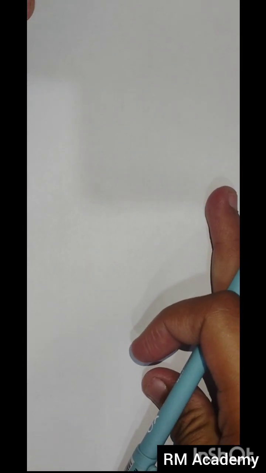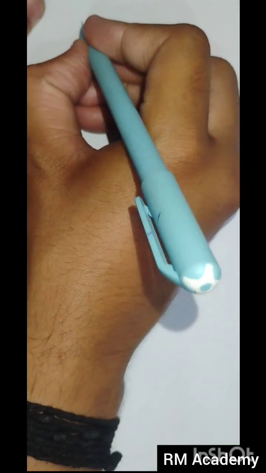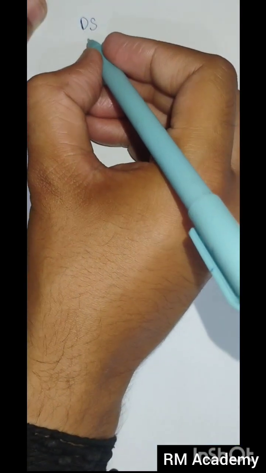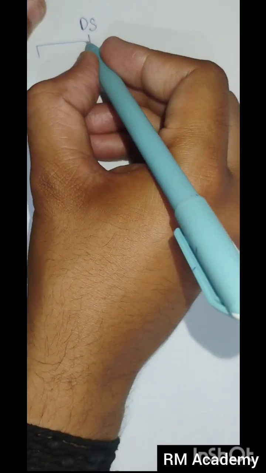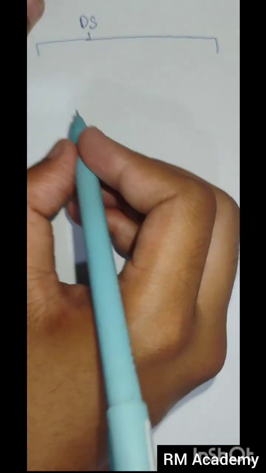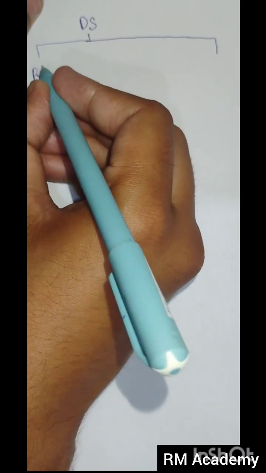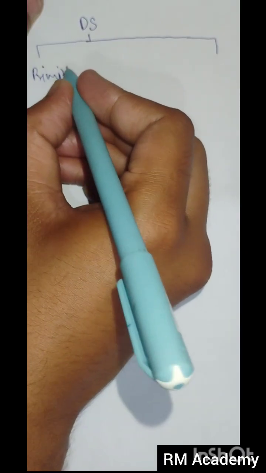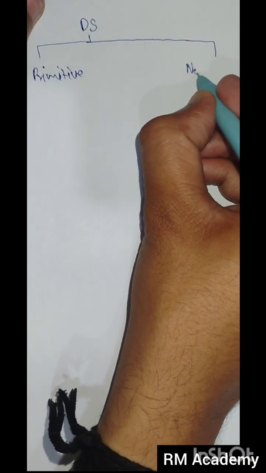Now we will discuss the tree of data structure. There are two types of data structure. First is primitive, second is non-primitive.